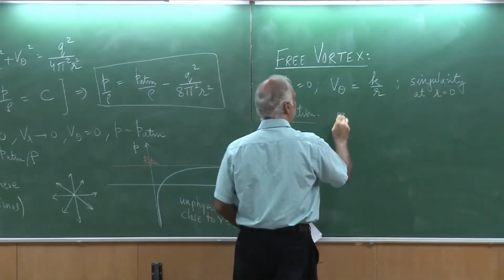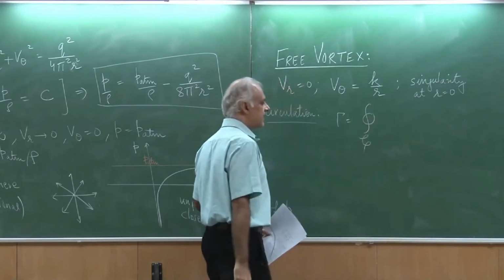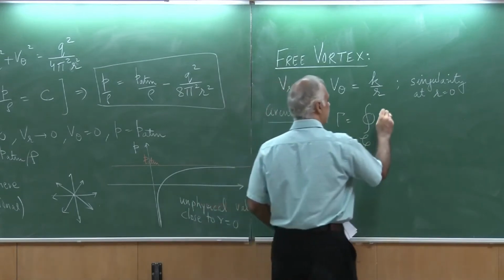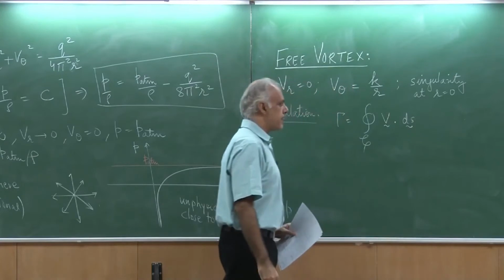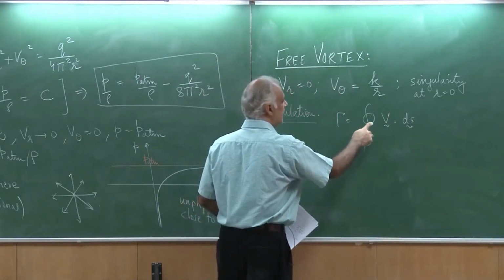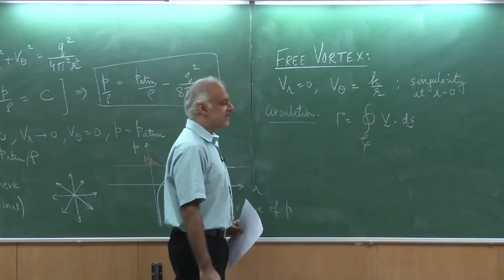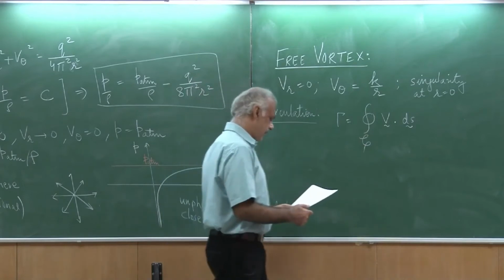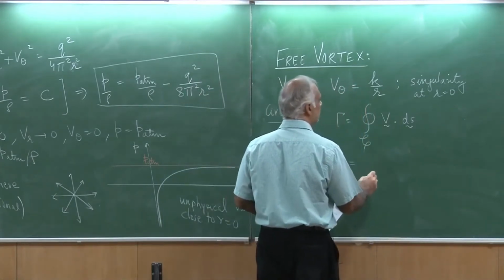The circulation gamma is, if I take a curve C, then essentially I have to do this v dot ds, and the estimation has to be done on that curve, going around it in a counterclockwise direction. So this I can carry out.